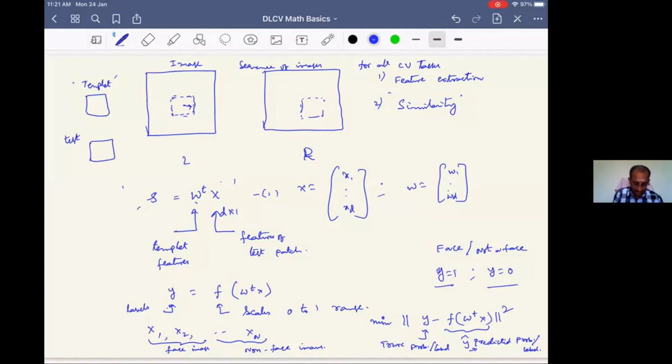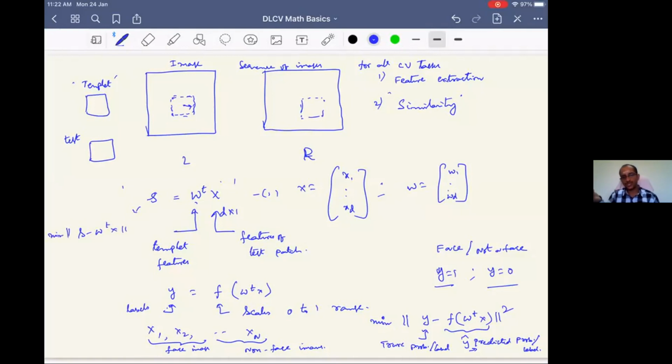So in this case, what has to happen? If I have these class scores, I assume that if it is the positive class, I have to have a higher score. So if I roughly know the class scores, I may say that S minus W transpose X has to be minimum again.